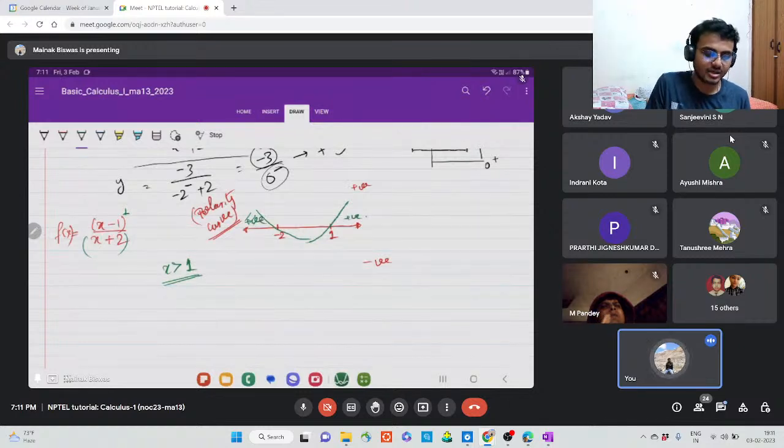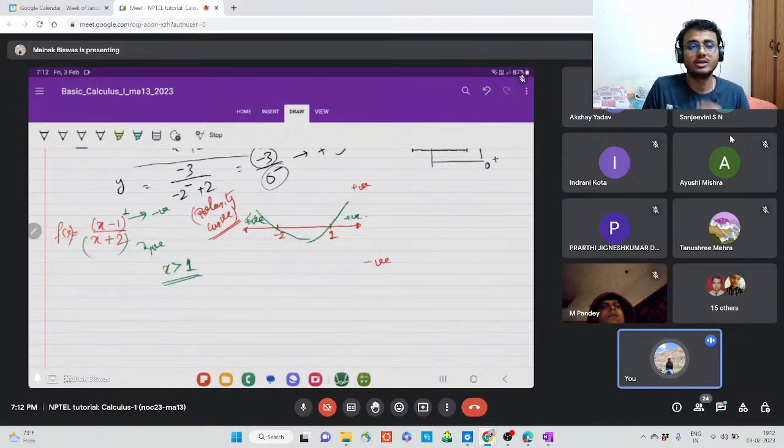You can also check. Any number between 1 and minus 2, this is negative and this is positive, so f of x is negative. Similarly, if it is less than minus 2, both numerator and denominator become negative numbers, so in turn f of x becomes positive. Did you get it? So let's do another question, you'll understand.